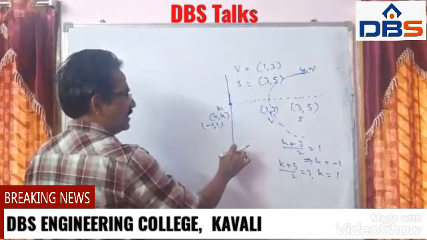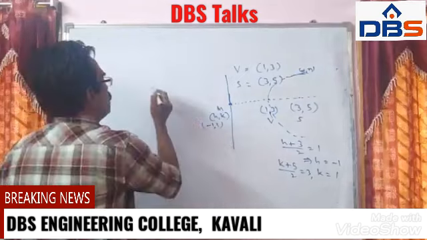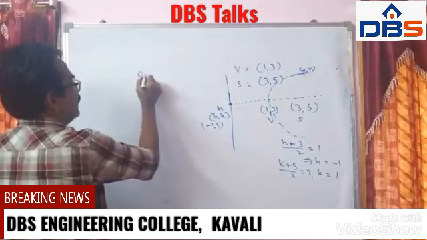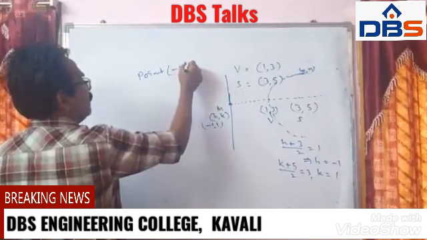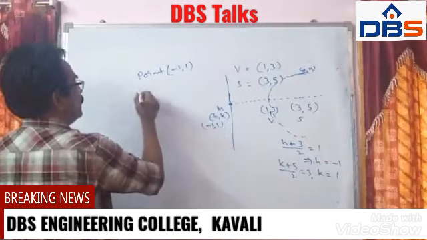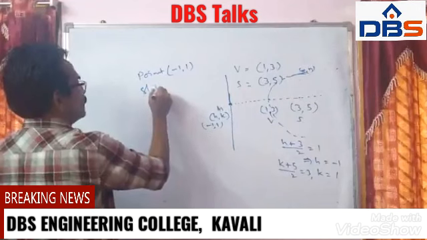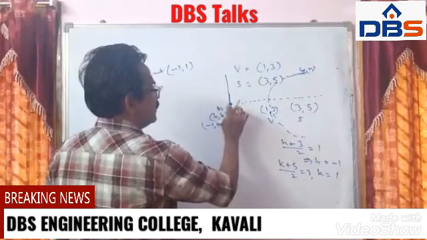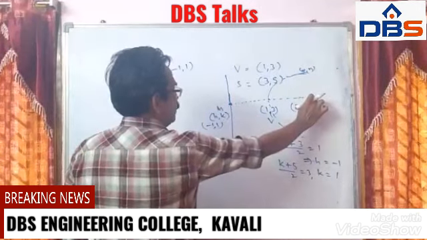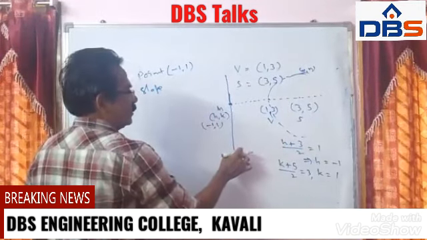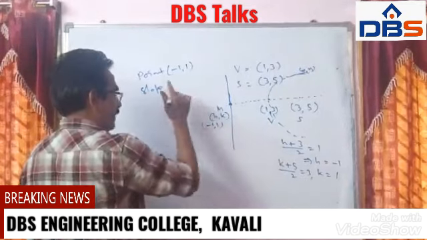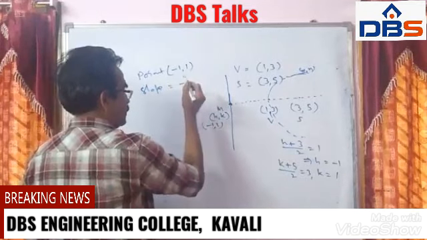So, point (-1, 1) and slope of directrix. The slope of the axis is 1. The directrix is perpendicular to the axis. So therefore the slope of the directrix is equal to minus 1.